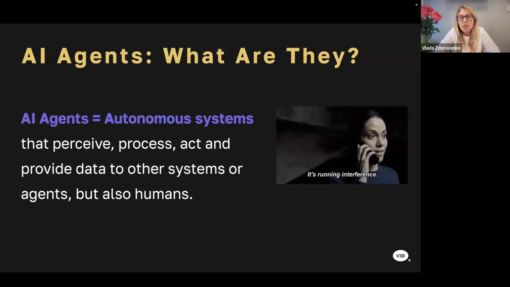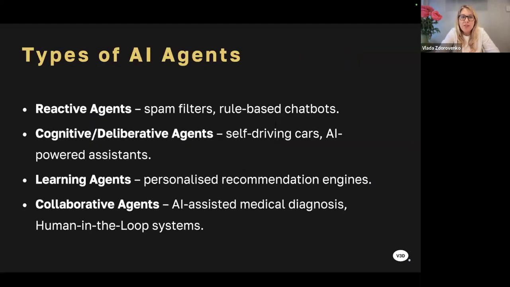So AI agents are autonomous systems that perceive, process, act, and provide data to other systems or agents, but also humans. And that means that it's not the same as agentic AI. AI agents can be different, like reactive agents, cognitive deliberative agents, learning agents, collaborative agents.